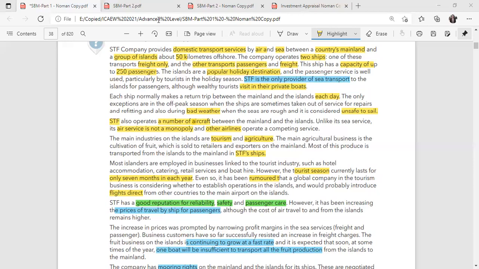I don't know whether this one is far-fetched, but if I was going to write it, it would probably be at the end. Because they are a monopoly and they seem to have been doing well for some time, I think there's a threat of new entrants coming into play.